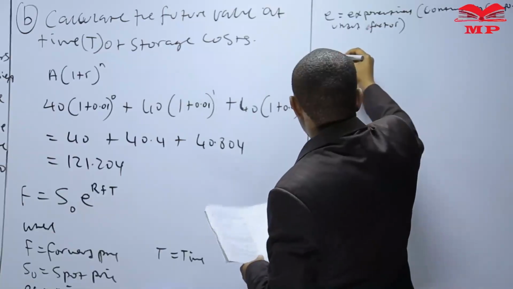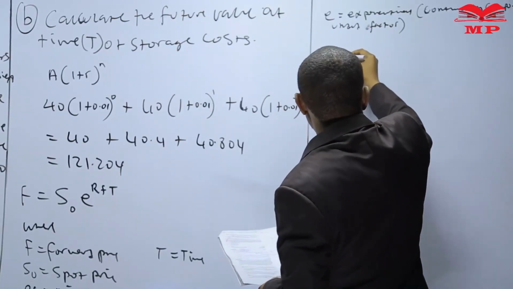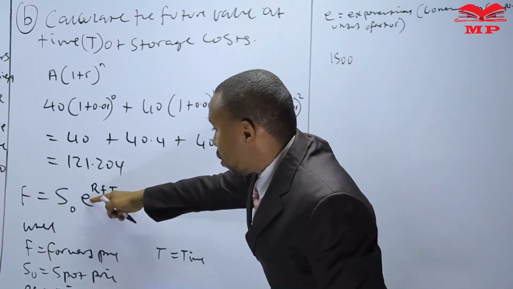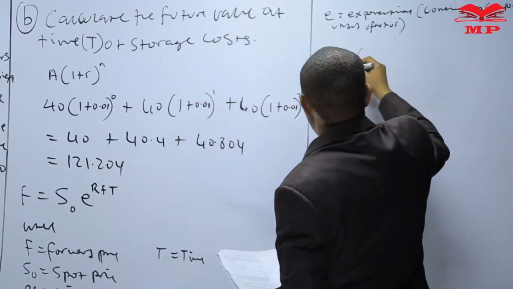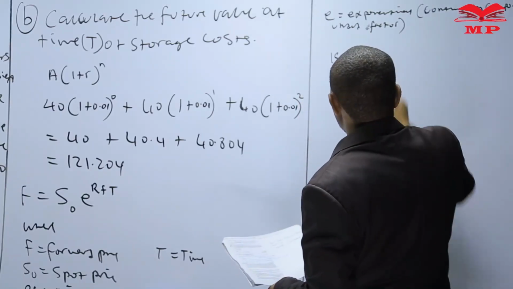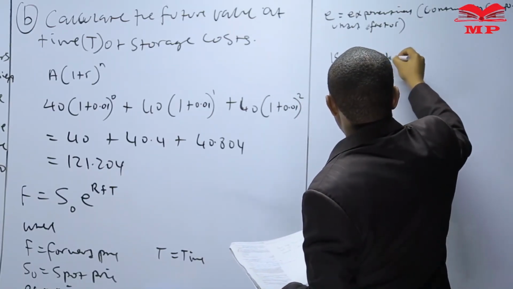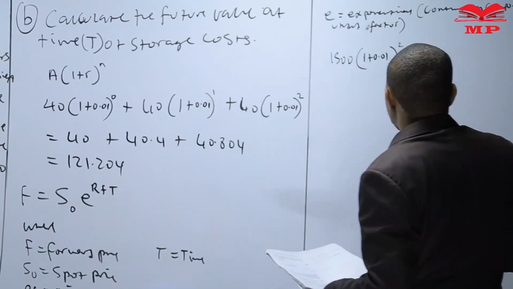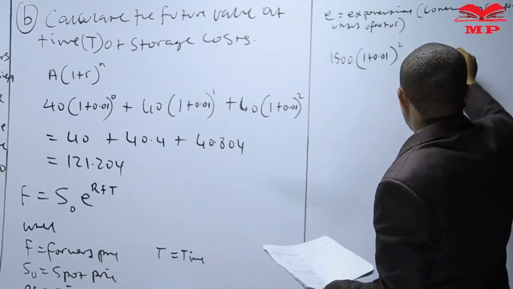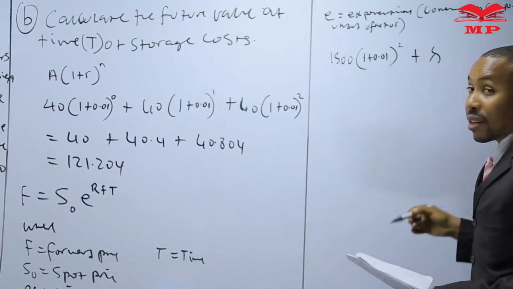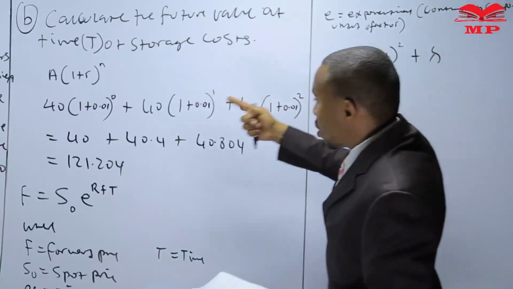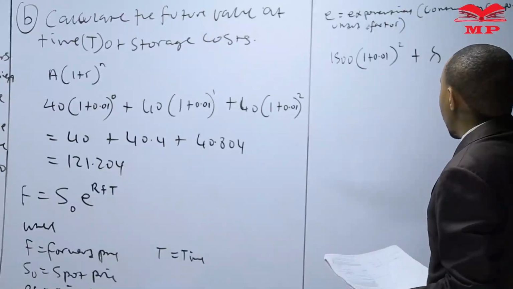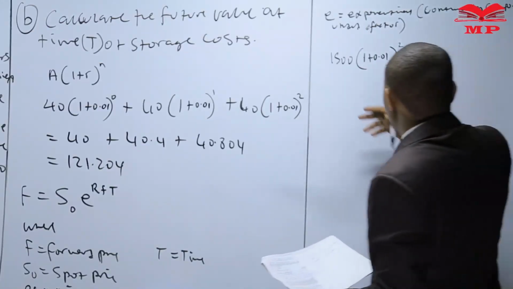The general formula will be the 1500, because it's not continuously compounded, so we grow it for 2 months: 1 plus 0.01 for 2 periods, plus this component of lambda, which represents the storage cost. We've already computed the total storage cost, which has been compounded for the next 3 months.